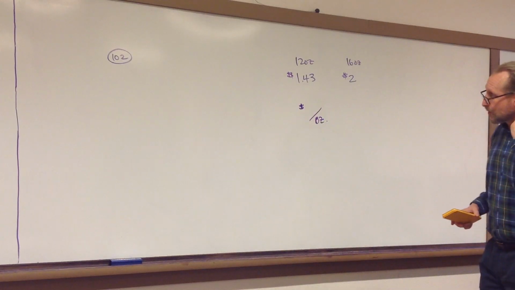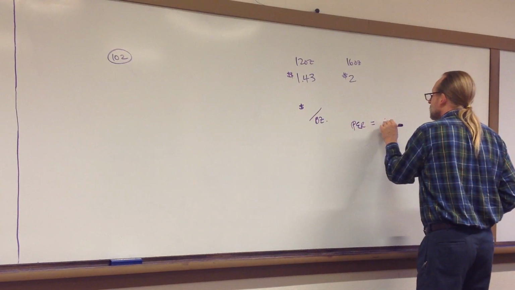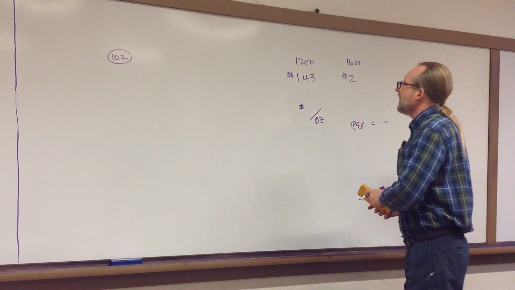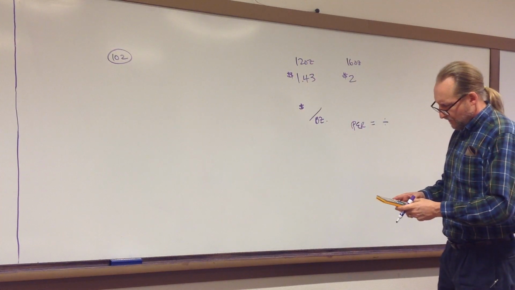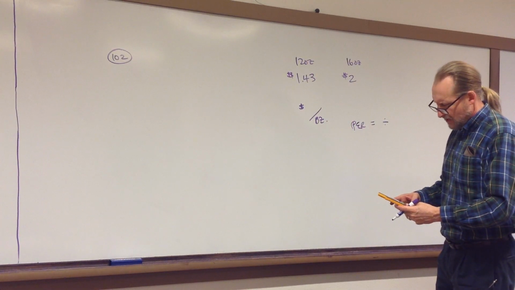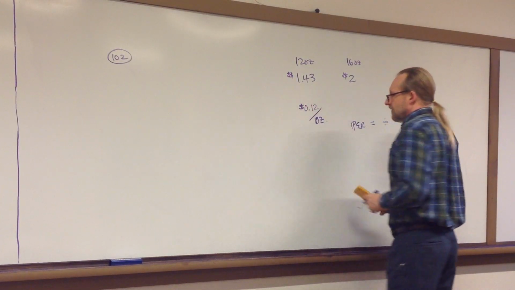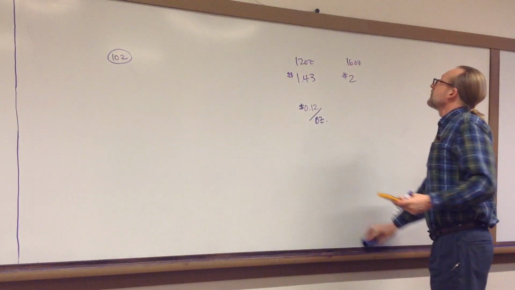If you ever hear the word per, that means divided by. So, cost per ounce means you do the cost divided by the ounces. 1.43 divided by 12, about 12 cents an ounce. Okay, what about this one?